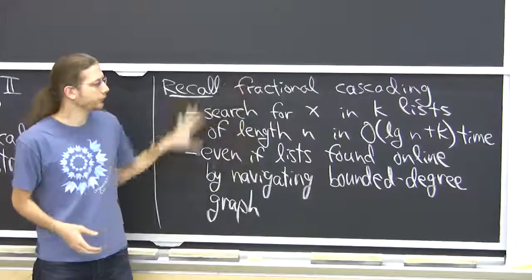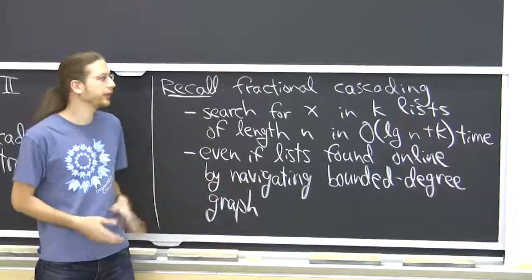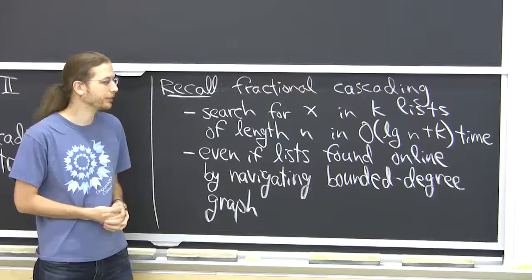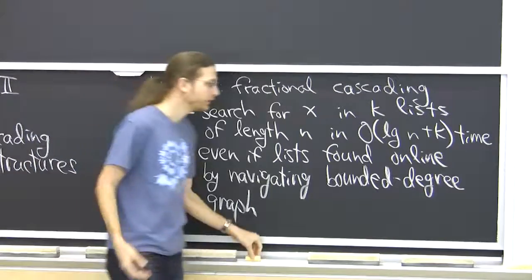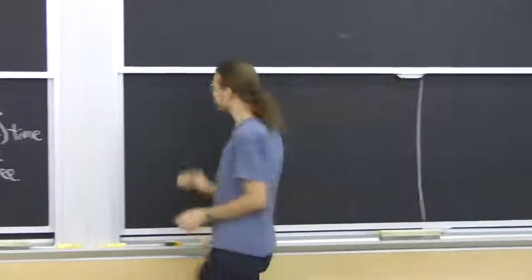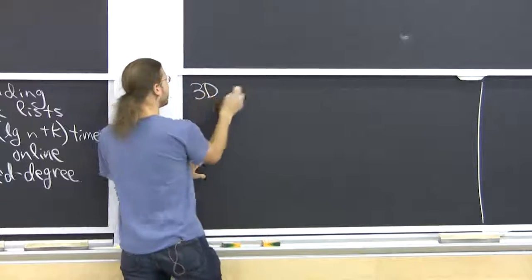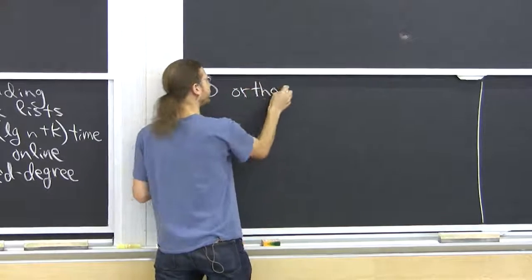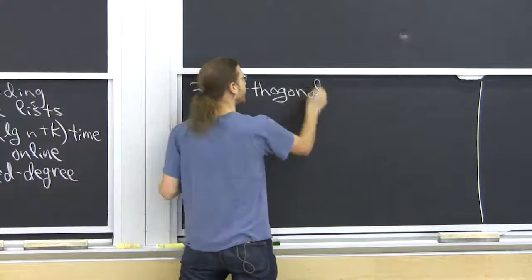So we're going to use this result to get a log factor improvement in our old friend orthogonal range searching. So let's do orthogonal range searching. Last time we saw how to do two-dimensional orthogonal range searching in log n per query.